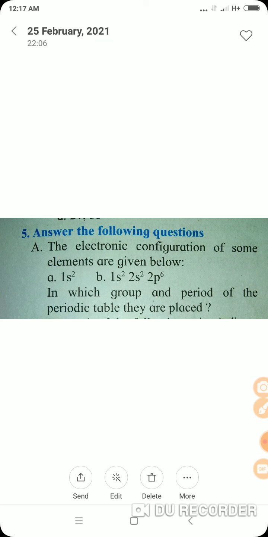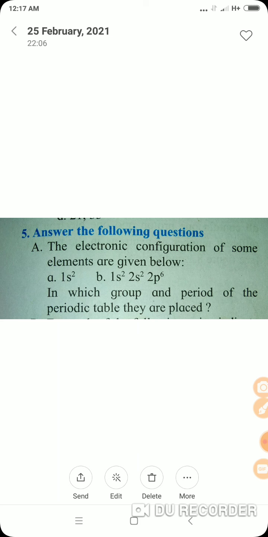Now next, that is B, 1s2 2s2 2p6. The principal quantum number of the valence shell is 2, and the principal quantum number is nothing but the period number. So this element is placed in the second period. And the atomic number is 6 plus 2, 8, plus 2, 10.